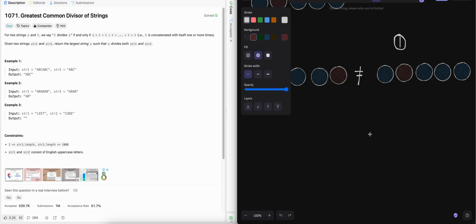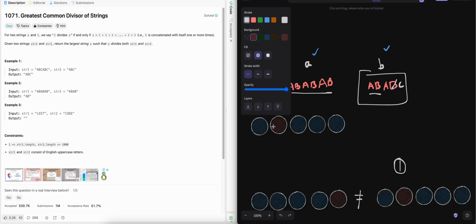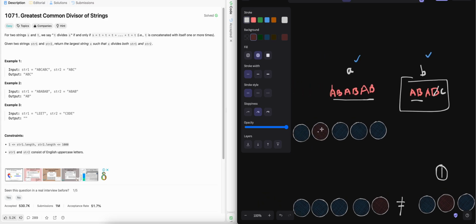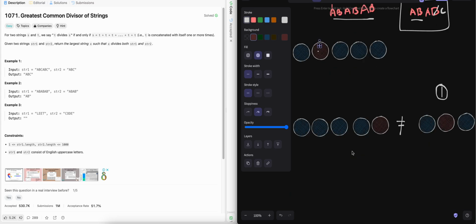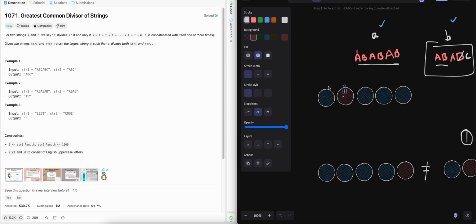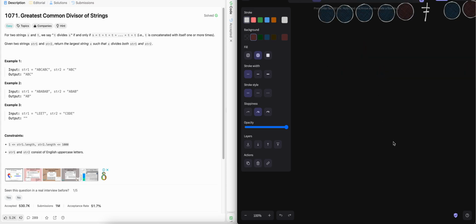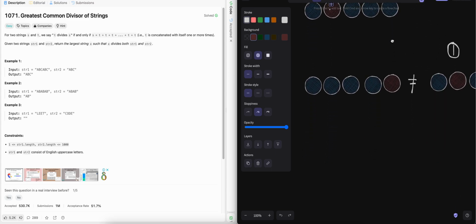Let's assume that the repeating component we are discussing, this one, is actually correct. So what will happen is we have the same components available here.